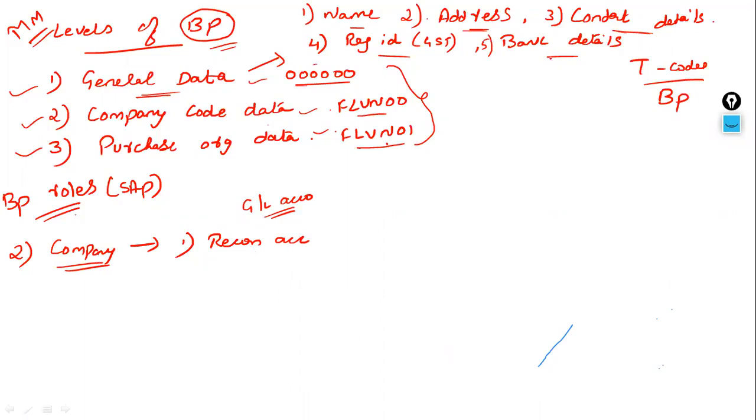So you have bank details here, but why are you going to create a reconciliation account? We cannot directly enter the vendor's bank details in the system for reporting purposes. So for reporting purposes, we create the reconciliation account so that from this account, so much amount has been debited. We can understand it in that way.